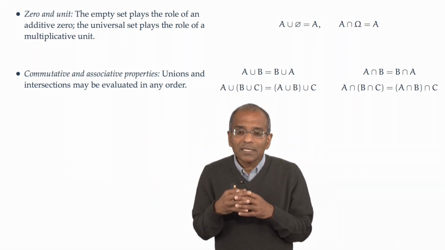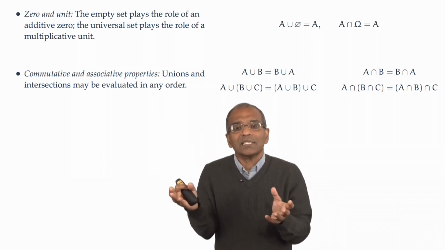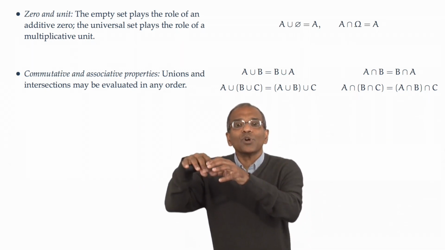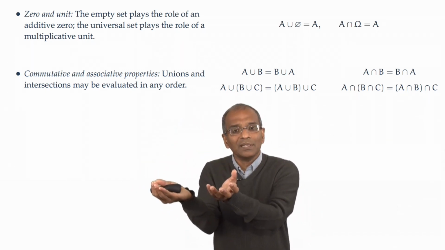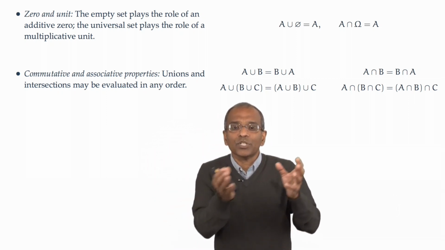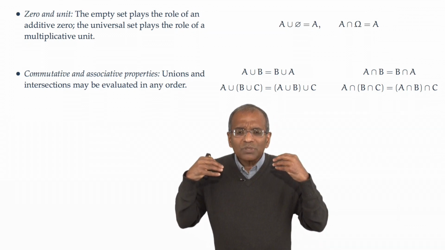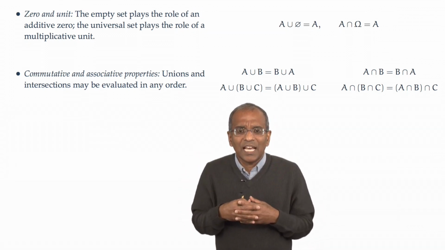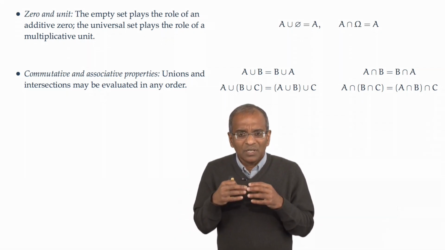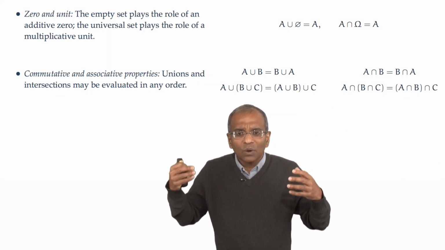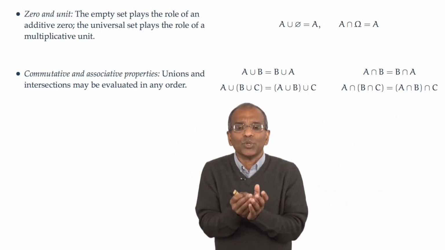Now, the assertion is that you would get exactly the same set if you first took the union of A with B, then took that set and took its union with C. Now, again, this is almost so trite as to be not worth mention. All we have to do is keep in mind what is happening once I do all these unions.